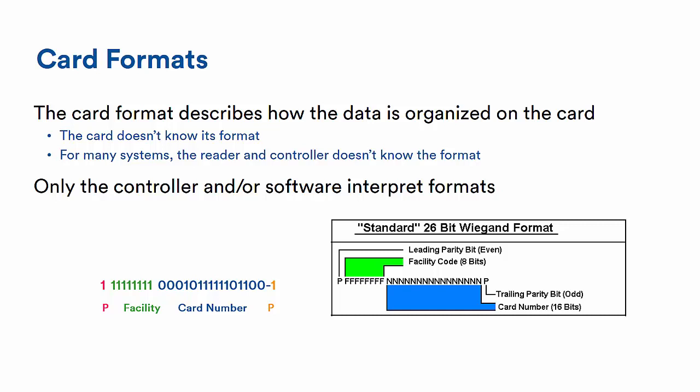Now, a controller that would grant access on a subset of credential information, for example, only on the facility code, would reduce the assurance level of that credential. Then we have our parity bits, which is essentially an error checking mechanism ensuring that the card number received has not been altered by any external interference.